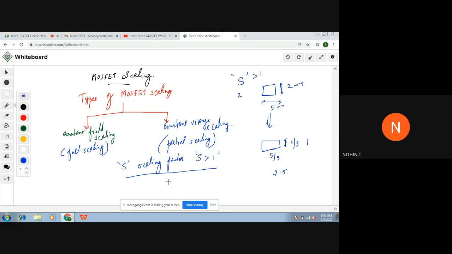So in the case of constant field scaling, all the vertical and horizontal dimensions of the device will be divided by this scaling factor S. Suppose you have a device with dimensions, I will explain later.